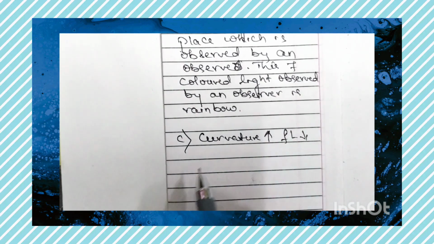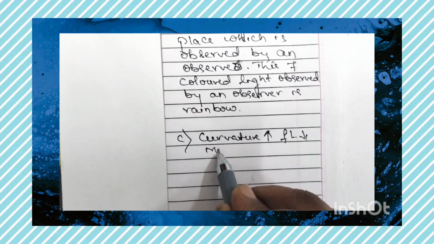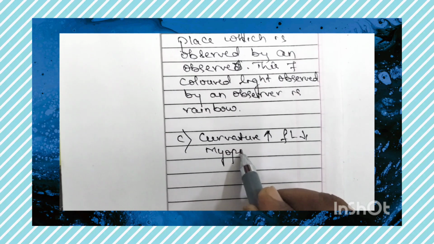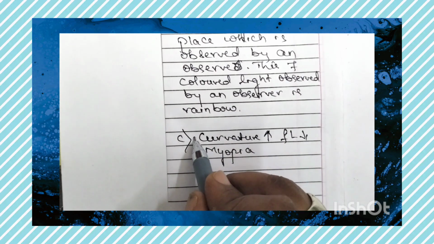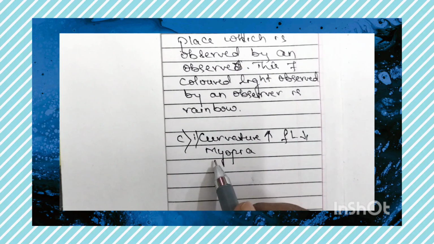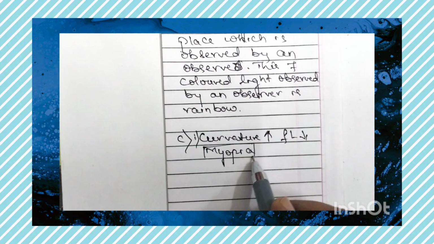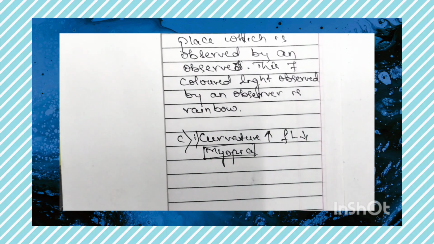So focal length ಕಡಿಮೆ ಆದರೆ, so the eye defect is called myopia. So ಮಯೋಪಿಯಾದಲ್ಲಿ focal length ಕಡಿಮೆ ಆಗೋದ್ರಿಂದ the image is formed in front of the retina, not on the retina. Therefore the defect of the eye is called myopia.